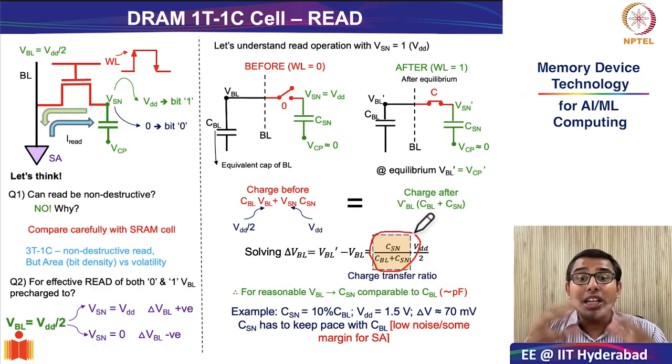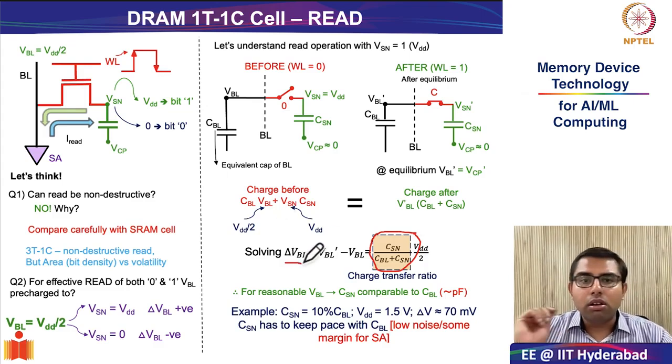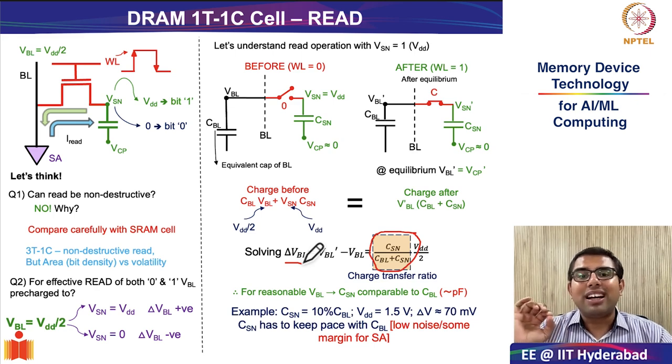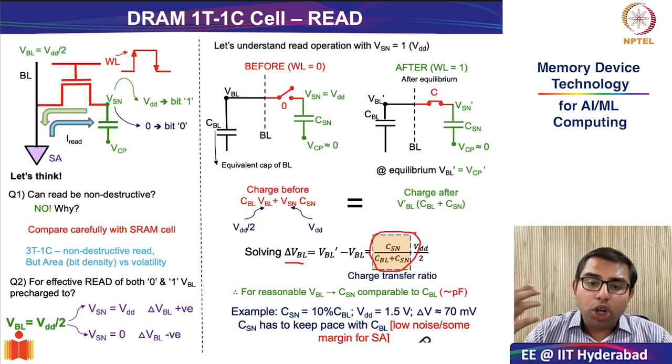If CSN is much smaller than CBL, what suffers is your delta VBL, the voltage difference before and after the read operation. If delta VBL is very small, there will be big problems at the sensing circuitry, because the sense amplifier will not have enough noise margin.